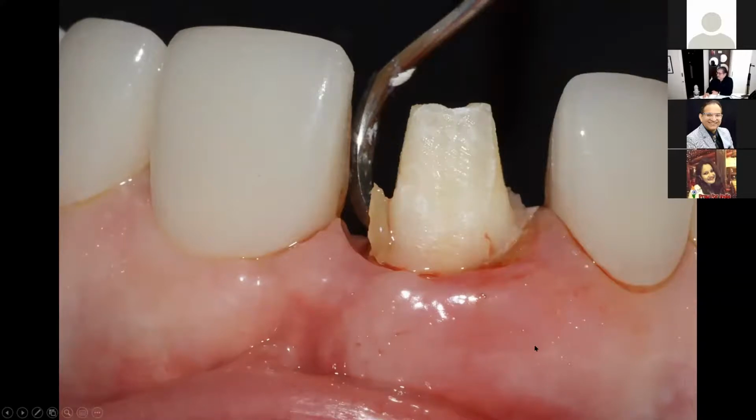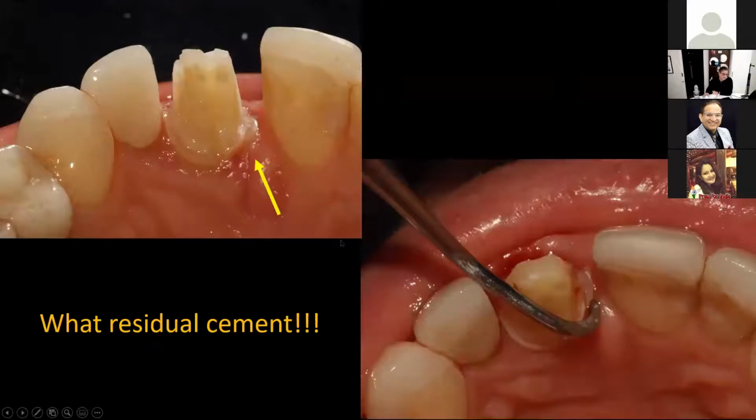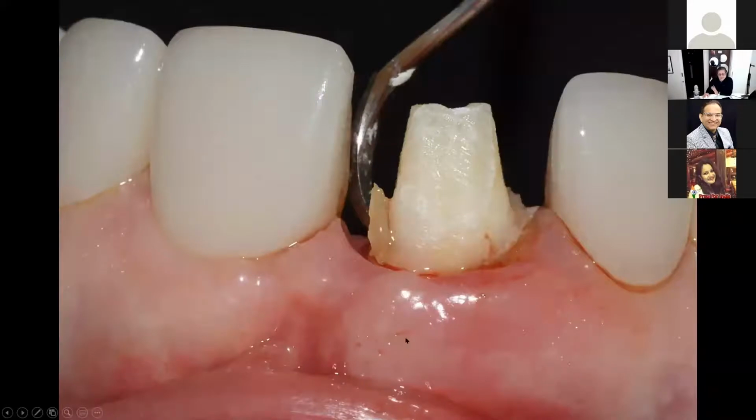But could you, with a crown that was that wide at the gingiva, because it wasn't a normal shaped tooth, where the crown was so much wider at the gingival. Well, look, I agree.